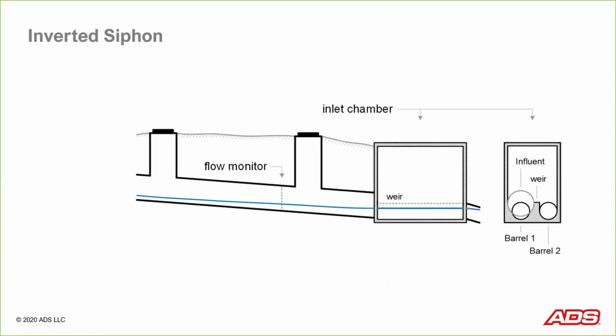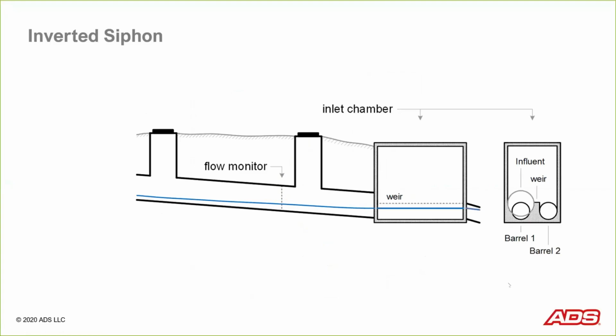And so the inverted siphon is designed to route flow under something, but still uses gravity flow to push flow through that structure. It often does that by taking the flow and routing it into a smaller pipe, and then having multiple pipes available to move flow through the siphon and under the obstruction that's in the way.